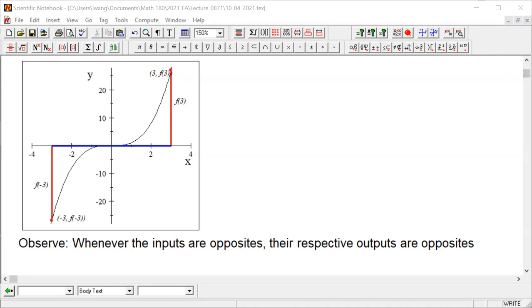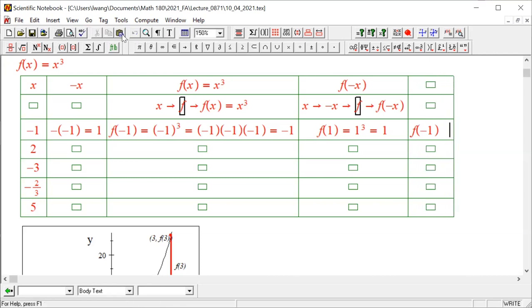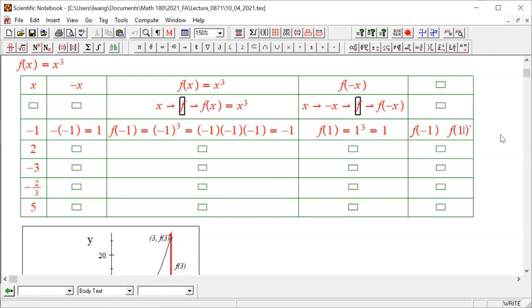And what is more, algebraically, how do we express it? Whenever the inputs are opposite, their respective outputs are opposite. This is the output for the input of -1, and the other one is f of 1. The inputs are opposite, the outputs are opposite.